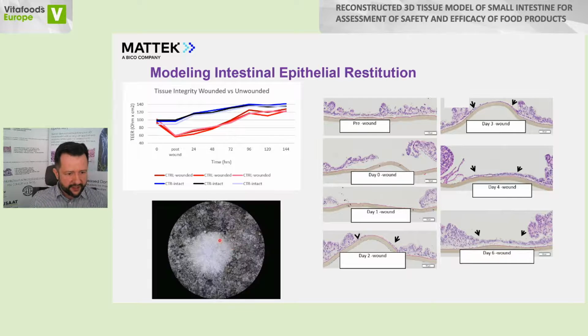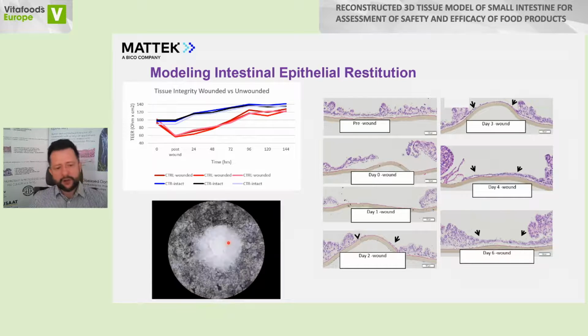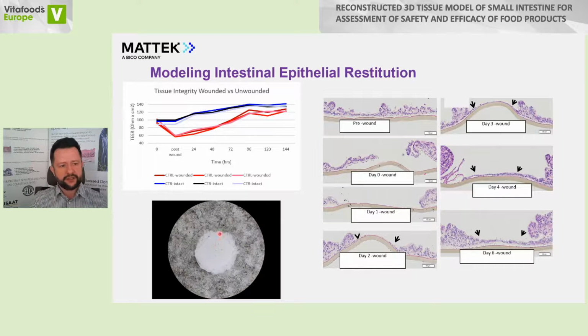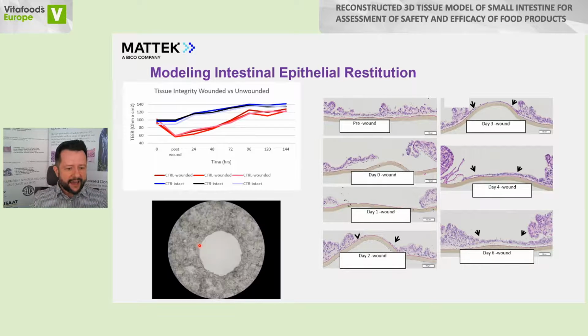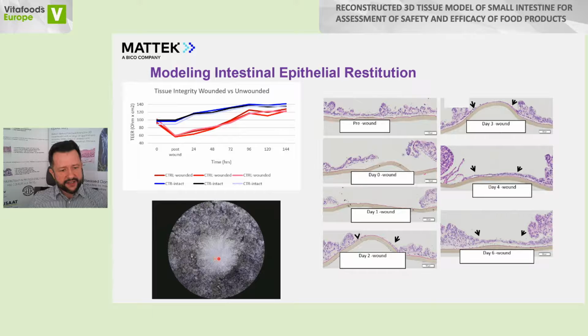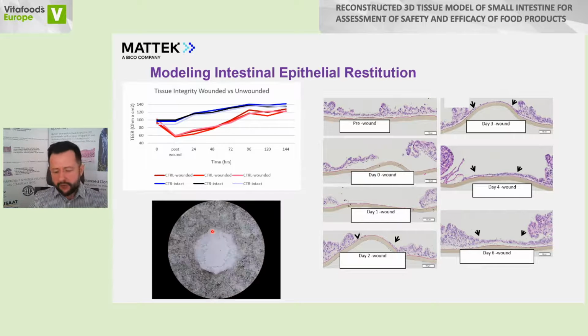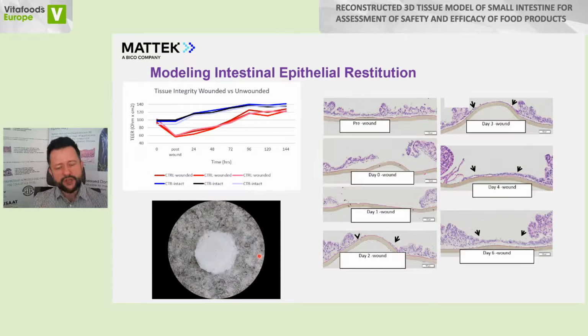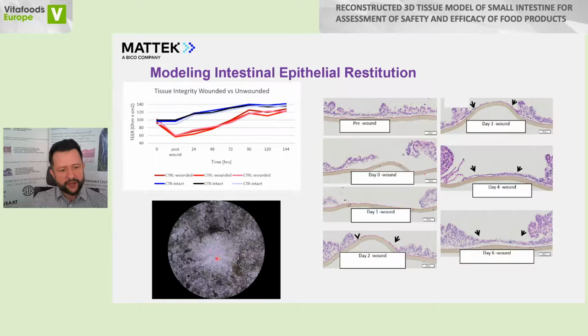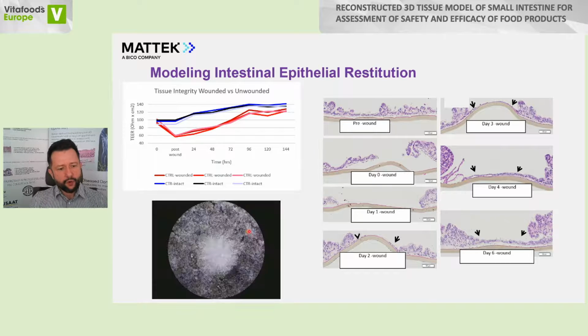So basically, the one with the biggest hole is the one where the wound was generated, and over the course of approximately 6 days, you can see the cells migrate from the border of the wound into the disrupted area and are able to recover the tissue fully.